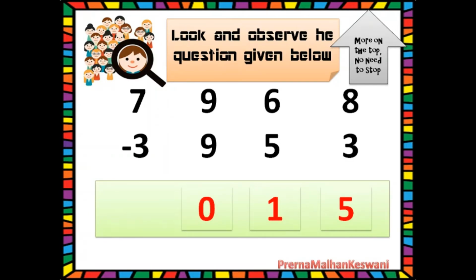So start counting from 3 to 7. 4, 5, 6, 7. The answer is 4. So the difference between these two numbers is 4015.